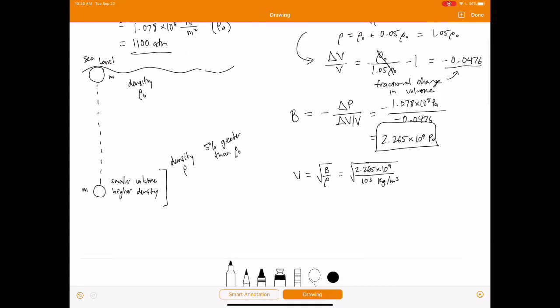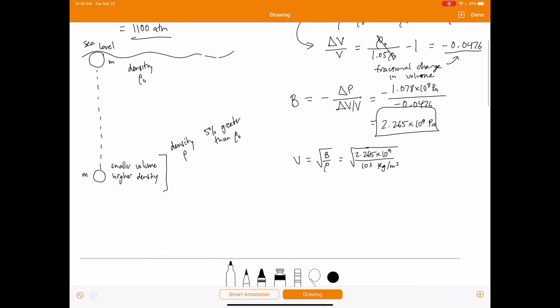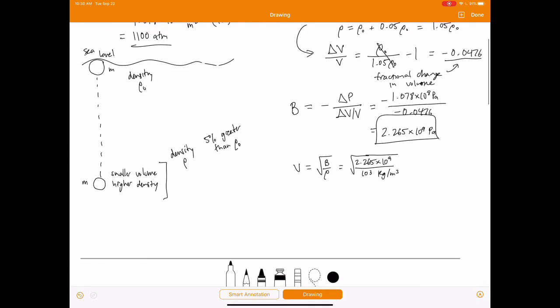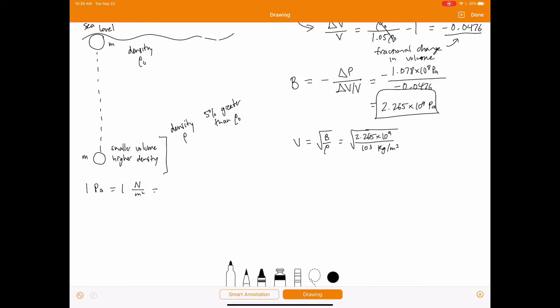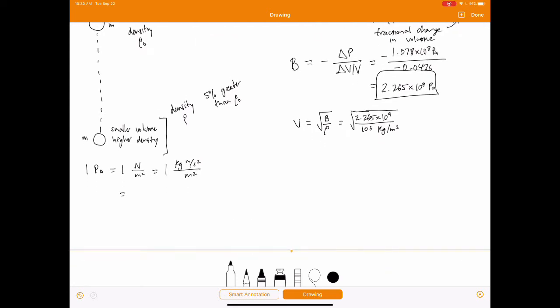Okay, in terms of the units, I just want to show you something real quick. 1 pascal, again, is 1 newton per square meter, which is the same as 1 kilogram meter per second squared divided by a square meter, which is 1 kilogram over a meter times a second squared, if you simplify that.